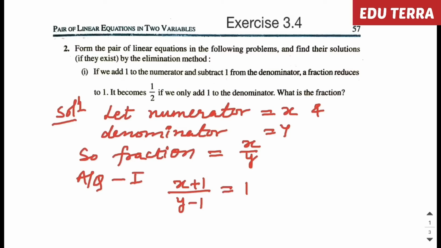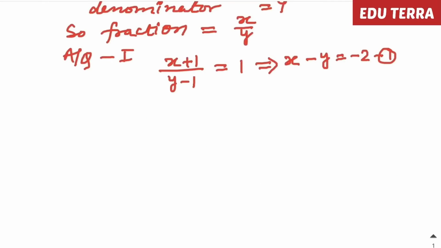So see and try to solve. You will get here x minus y equal to minus 2. It is equation number 1. Now again from condition number 2. See what is the condition number 2?